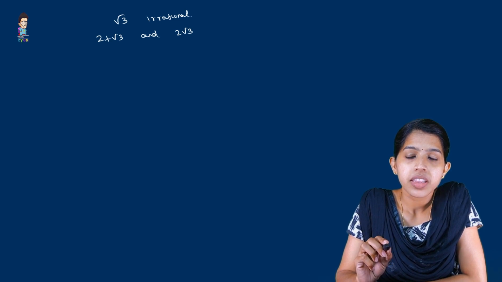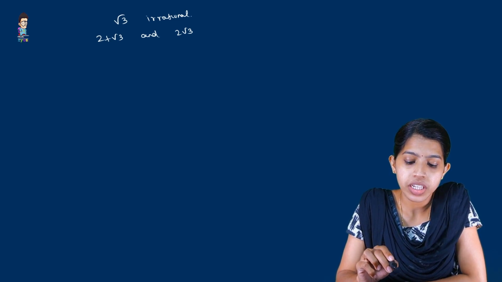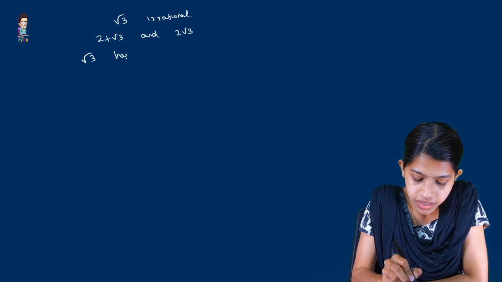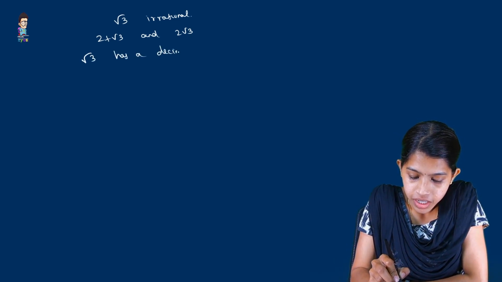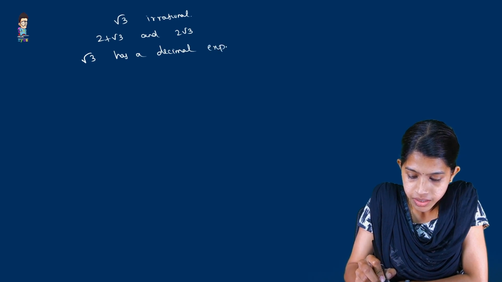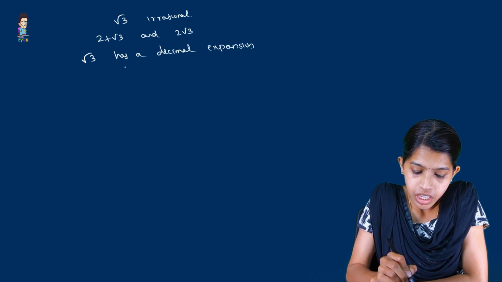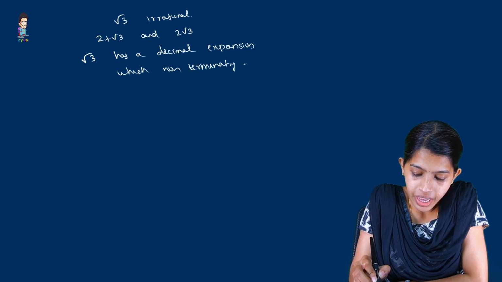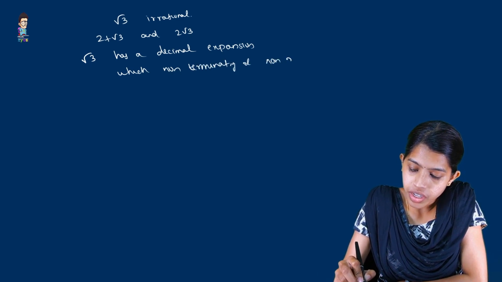Since we know that root 3 is an irrational number, by the property that we have discussed earlier, the decimal expansion of an irrational number will be non-terminating, non-recurring. That is, root 3 has a decimal expansion which is non-terminating and non-recurring.